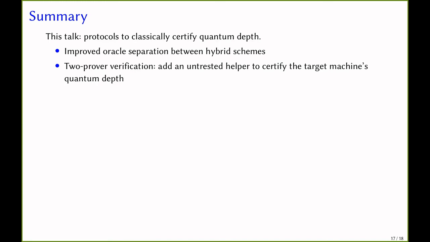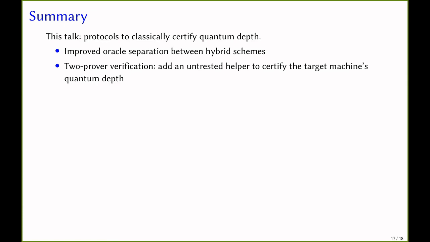In this setting, to certify that the target machine has sufficiently large quantum depth, we add another helper machine, which is also untrusted. They may share entanglement with each other, such that if the provers coordinate in a certain way, and the target machine has sufficiently large quantum depth, then they pass the protocol with high probability.